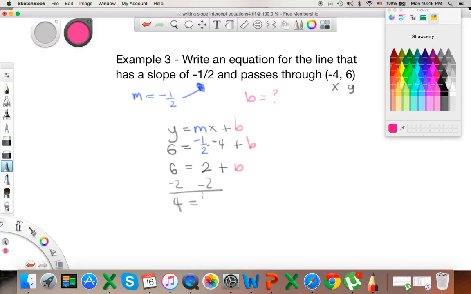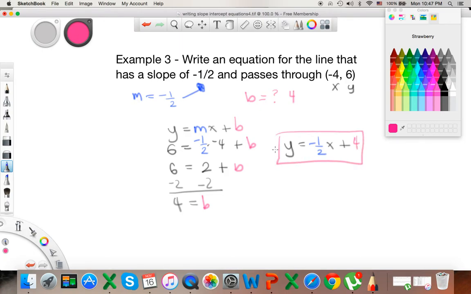So now I know what b is, and I can write my equation. I can write y equals -1/2 x plus 4. And that is our answer.